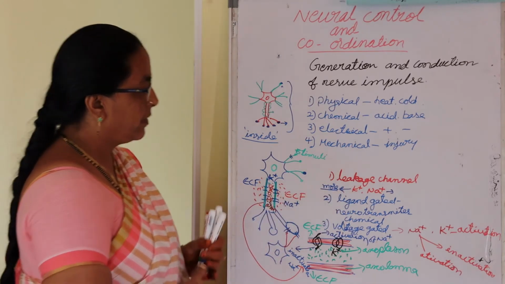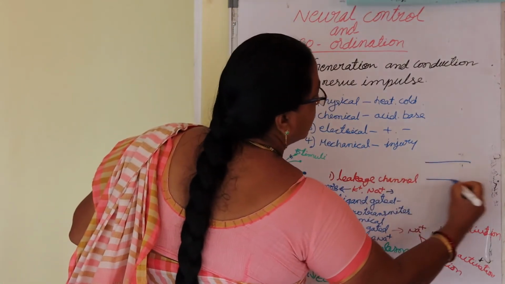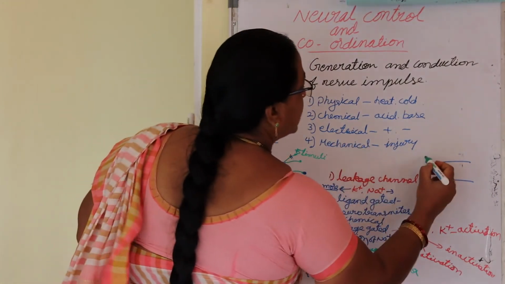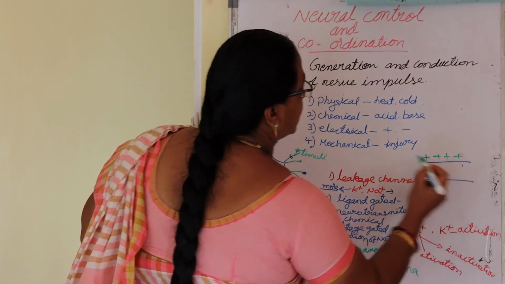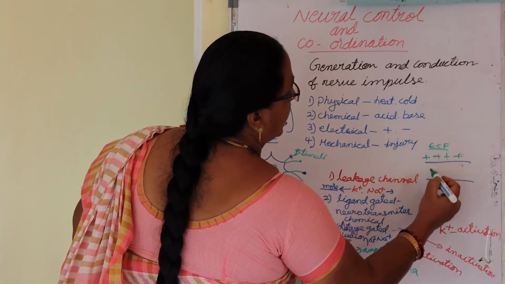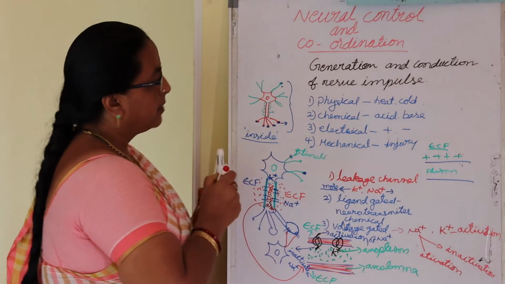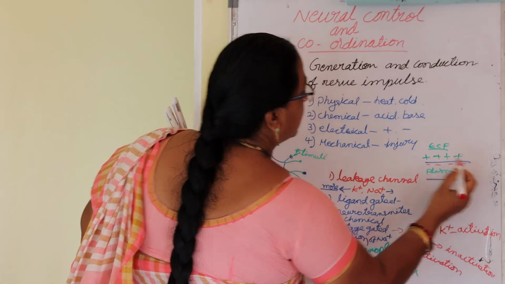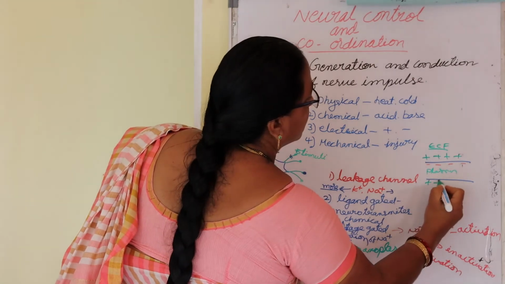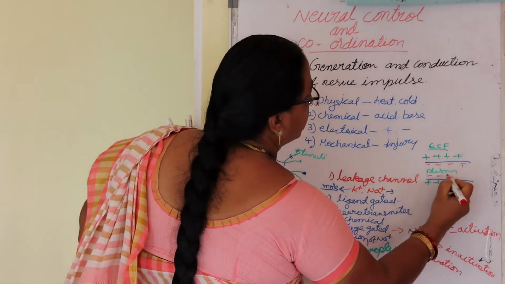That difference we indicate: suppose these are the axolemmas, and either side, extracellular fluid is positive and axoplasm has negative charges, here it is positive and the negative.